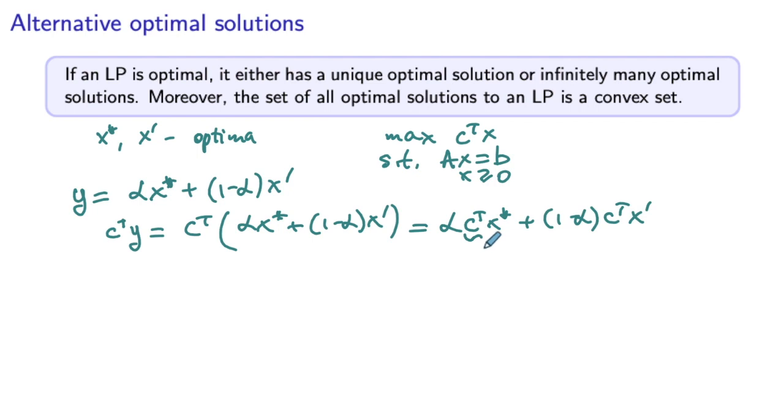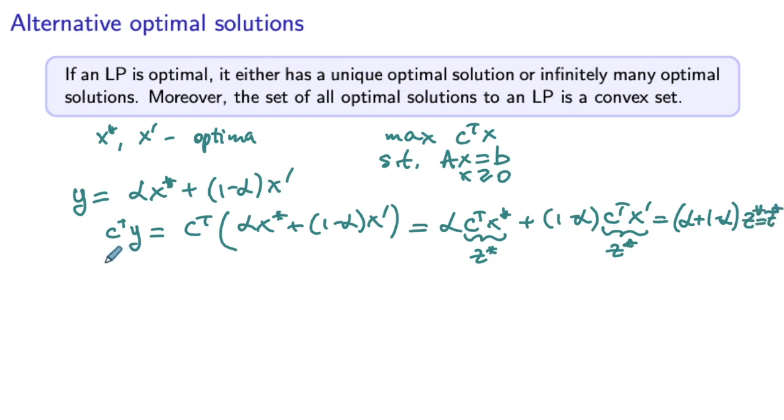And this is going to be given by z star, our optimal objective value. And this is also going to be given by z star, because remember, both x star and x prime are optimal solutions. So at both of these points, the objective is equal to z star, the optimal objective value. So as a result, we'll have alpha plus (1 minus alpha) times z star, which is exactly z star.